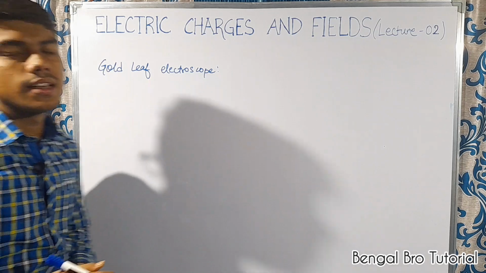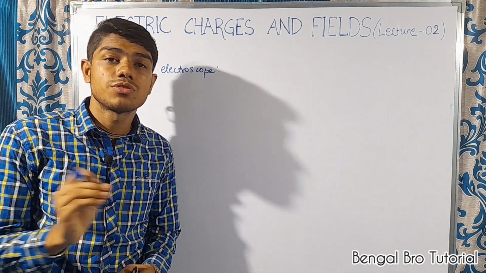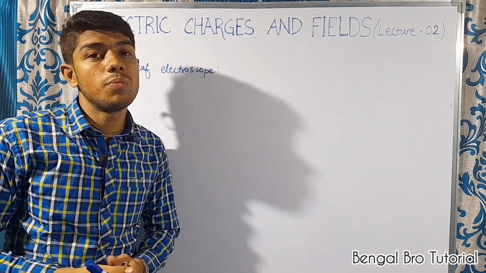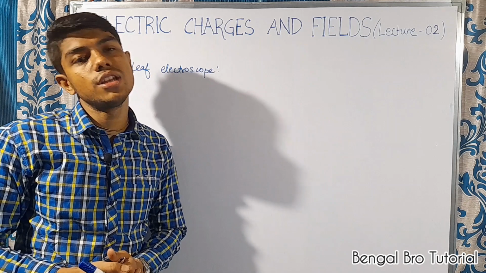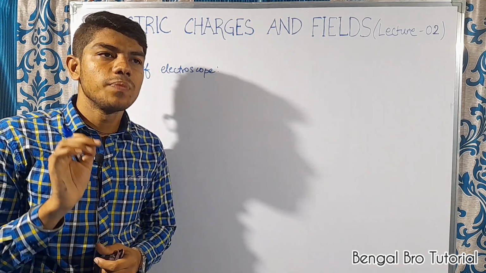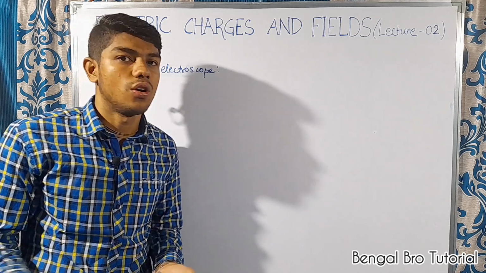This is a device that is used for detecting the presence of charge in a body. But remember one thing, this device cannot be used for measuring the magnitude of charge in a body. Only by this device you can understand whether a body has charge or not.